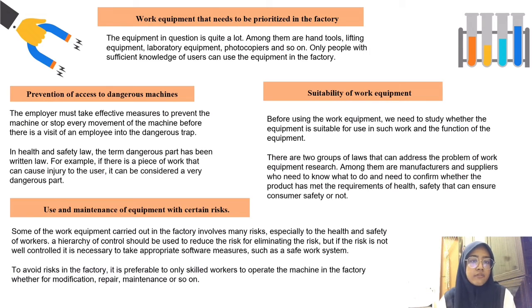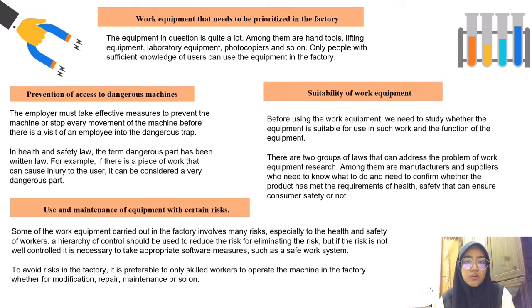In health and safety law, the term dangerous part has been written. For example, if there is a piece of work that can cause injury to the user, it can be considered a very dangerous part. Suitability of work equipment. Before using the work equipment, we need to study whether the equipment is suitable for use in such work and the function of the equipment.